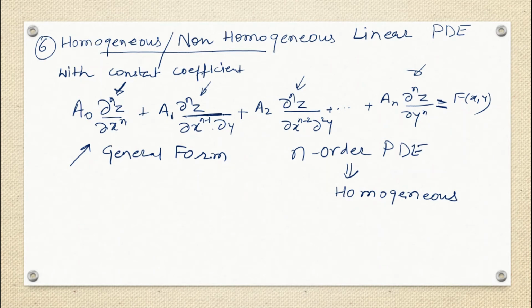Suppose any term can be missing also, there is no problem in that. If you focus on this second term, in the numerator this is del n z only. In the denominator we have del x also, del y also. That means in this term the function is getting differentiated with respect to y also, and with respect to x also.